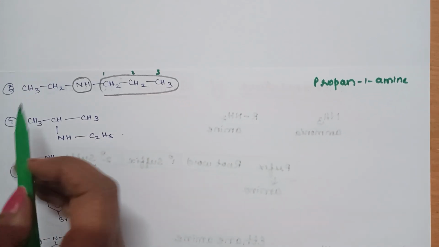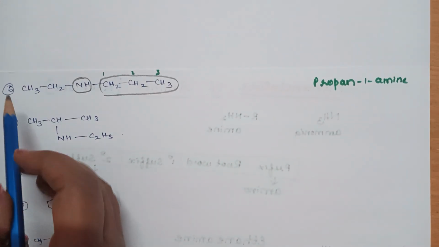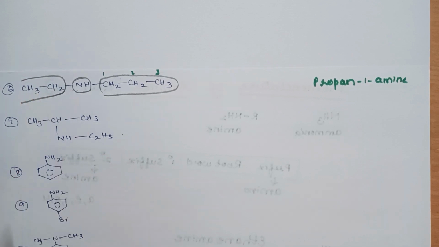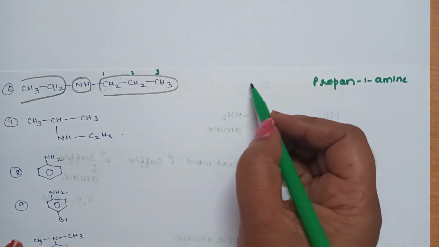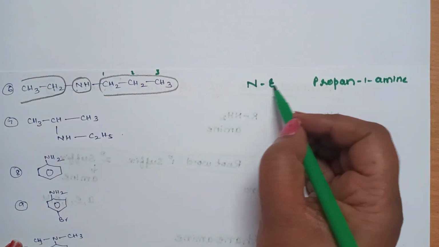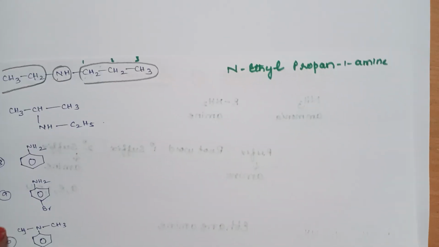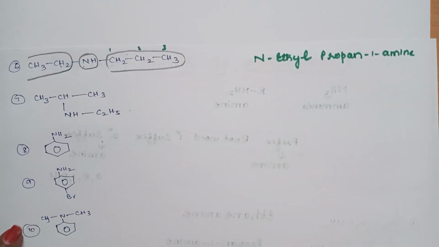And then here you can see an ethyl group is attached to the amine group, C2H5. So it becomes N-ethyl. N-ethyl propane 1 amine.